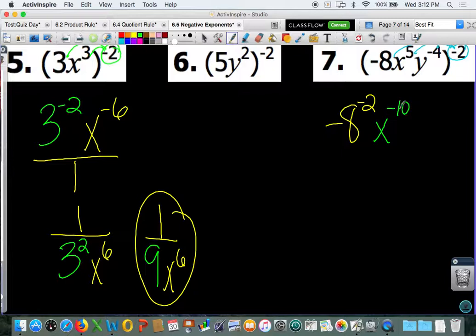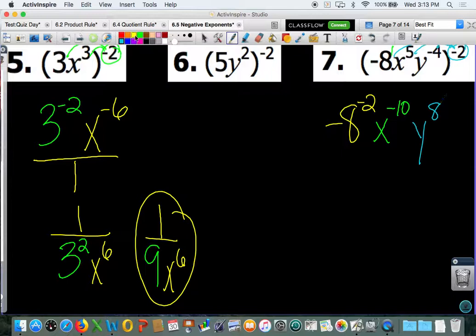Again, this is negative 2 multiplying by that invisible 1 on that 8, negative 2 multiplying by that 5 on that x, and negative 2 multiplying by that 4 on that y. Negative 2 times negative 4 gives me positive 8.